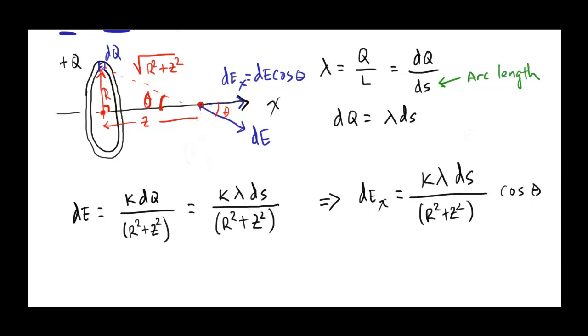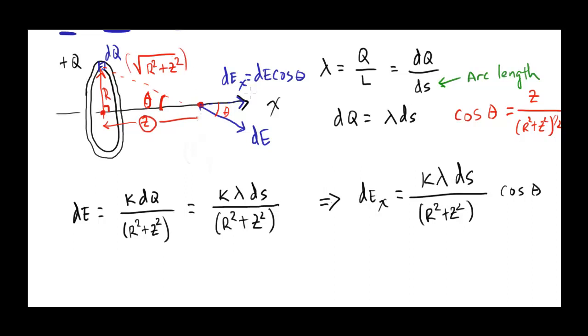So cosine theta is going to be z divided by the square root of r squared plus z squared, to the power half. I took this over this, adjacent over hypotenuse.